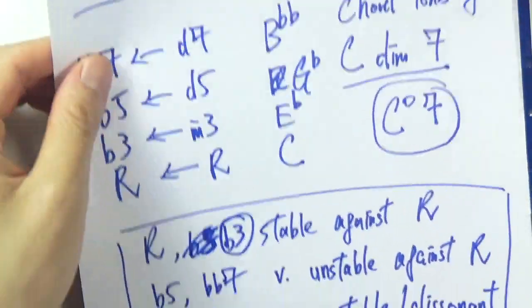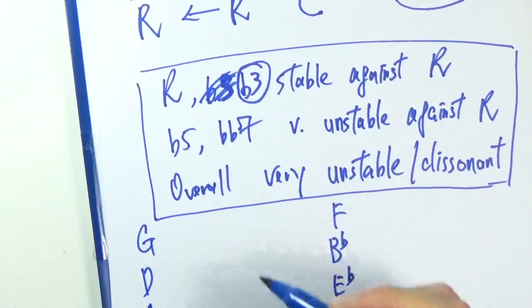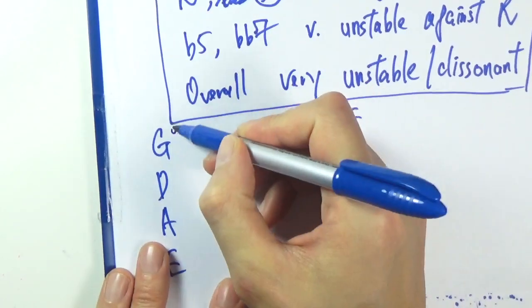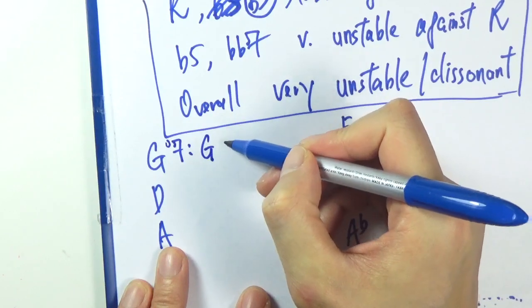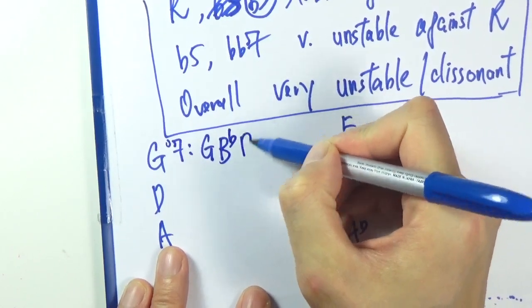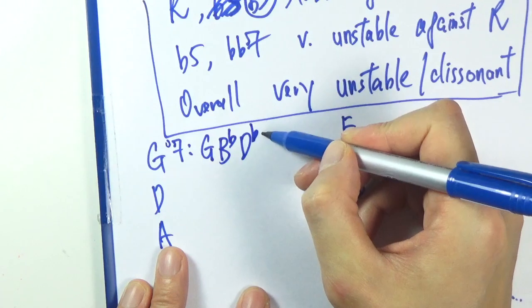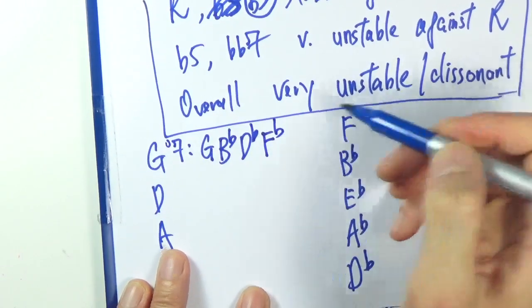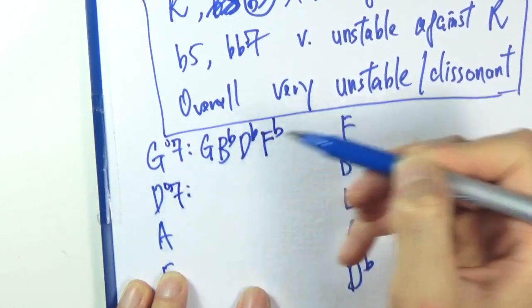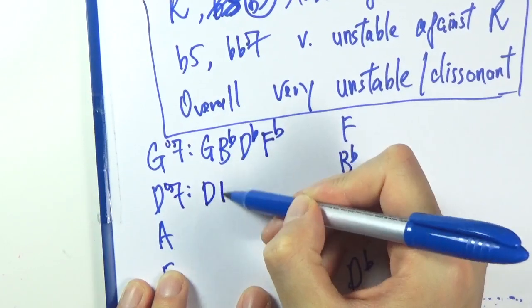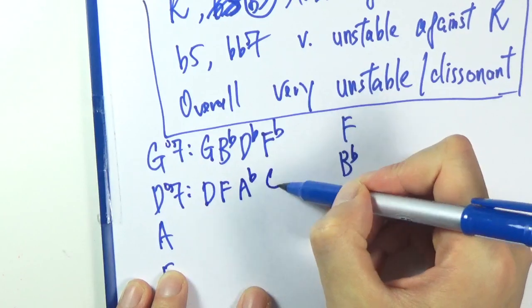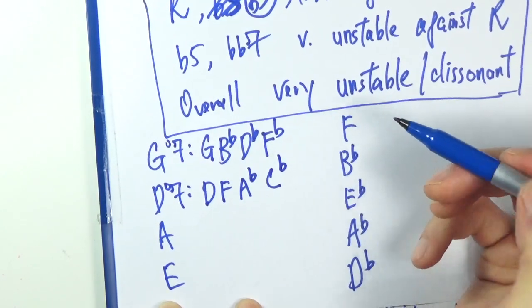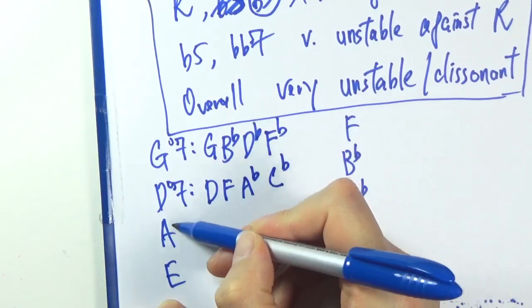Let's work out a few exercises. G diminished 7. So we have G, flat 3 would be B flat, D flat, and then we have a diminished 7, so that should be F flat. D diminished 7, so that should be D, F minor third, A flat flat 5, C flat as your diminished 7.